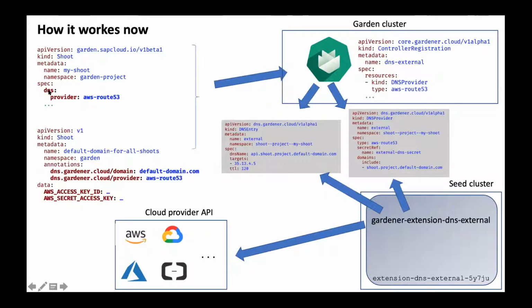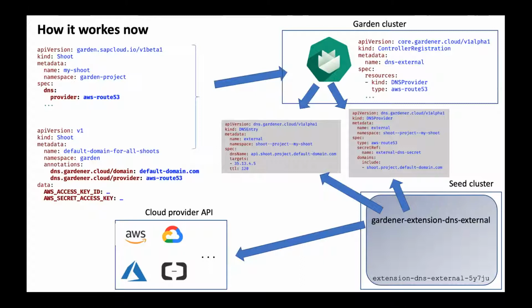You could just not specify it, and then you get the default domain automatically. You don't need to know the provider. This was the case previously also: you have to know which provider is used as default domain, and this is, of course, information an end user does not necessarily have. But now you can just completely leave out the DNS section and should get your domain.